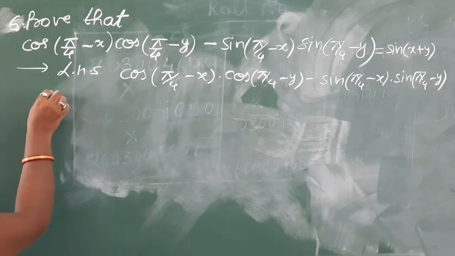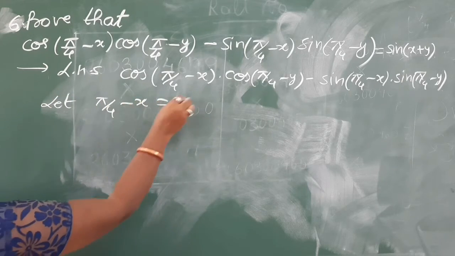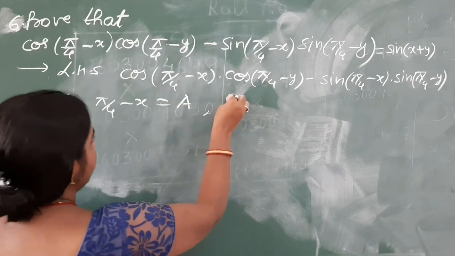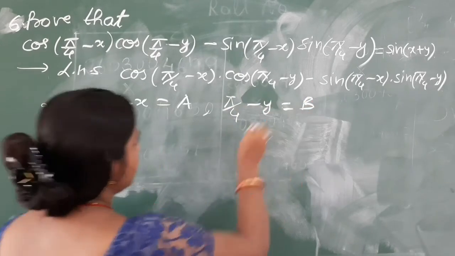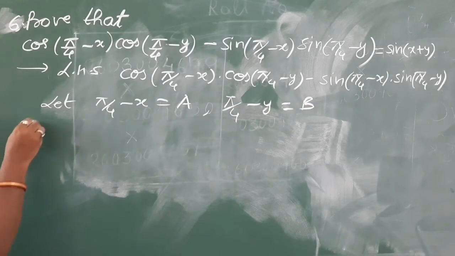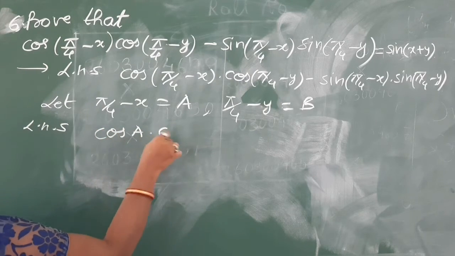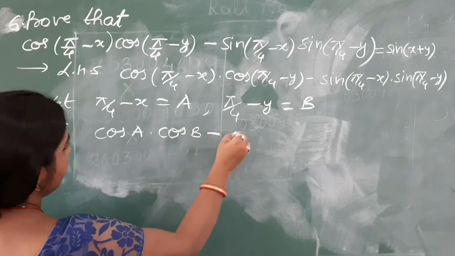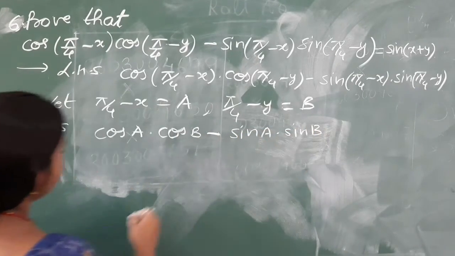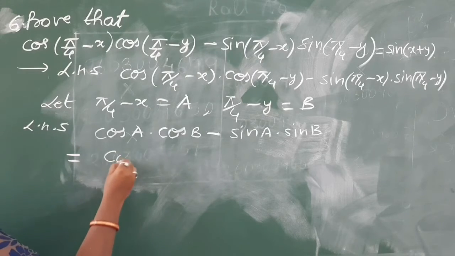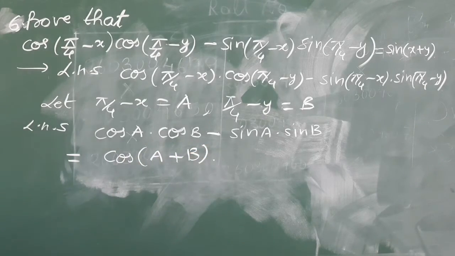After that I am going to consider pi by 4 minus x as a and pi by 4 minus y as b. So it is cos a into cos b minus sin a into sin b, and you know that this is the cos(a plus b) formula.